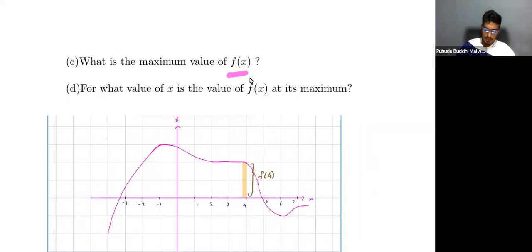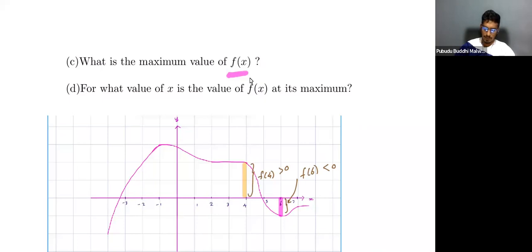And similarly, this height is a negative height, so f of 6 is negative, and this one is positive. Now that way we can mark all of these heights. But what would be the greatest height?